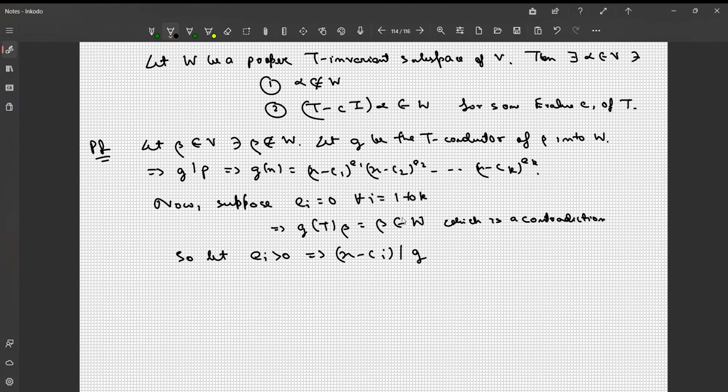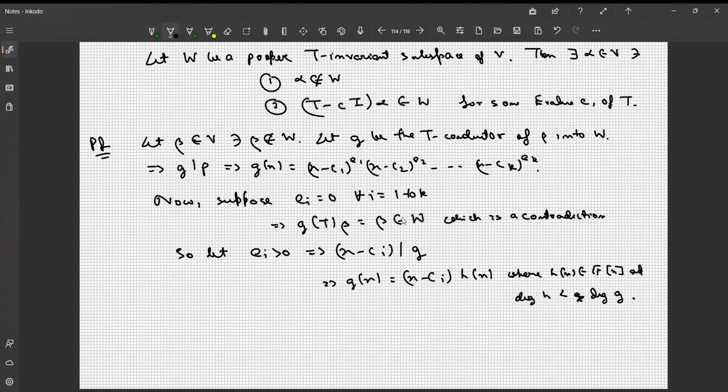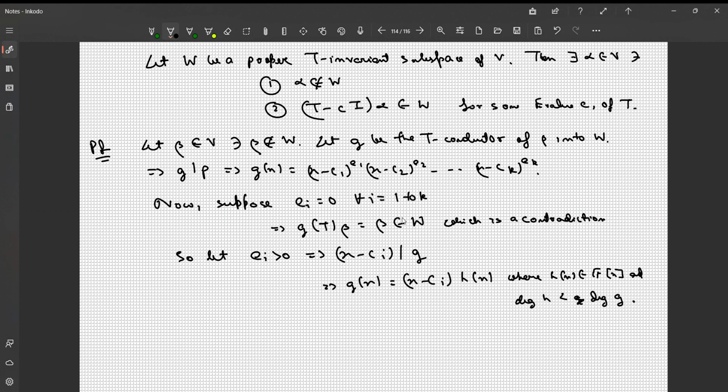So let Ei be greater than 0. But if Ei is greater than 0, then that implies X minus Ci divides the T-conductor of beta into W, right? So that means we can write G of X as (X minus Ci) times some other polynomial H of X, where H of X is obviously over the field F, and degree of H is less than degree of G, right?